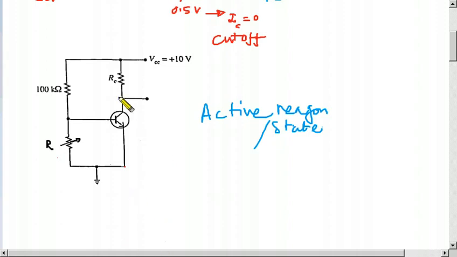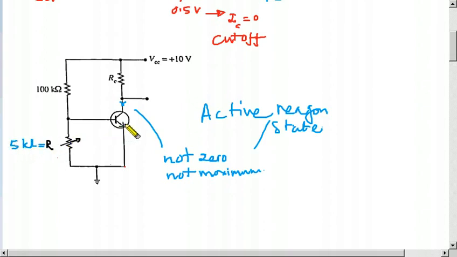If the current through this collector is not 0 and not maximum, in between, a normal value, not maximum, not 0. So if we use the resistor 5 kilo ohm here, what happens?